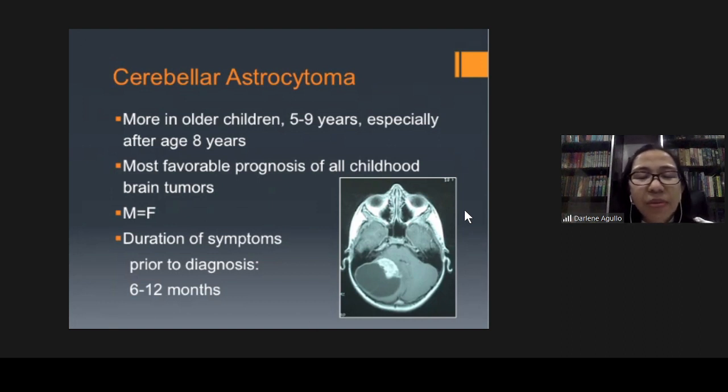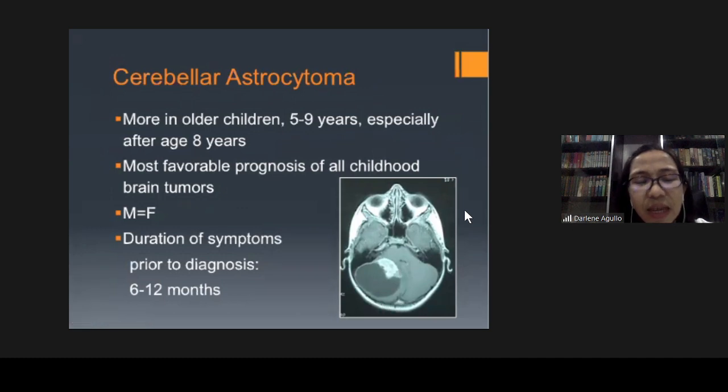It has the most favorable prognosis of all the childhood brain tumor. So equal male to female, no? Yung no sex predilection. Ito yung entire cystic astrocytoma, no? Cystic cerebellar astrocytoma. Fluid, ito lang yung tumor, pero ini-excise mo siya lahat.